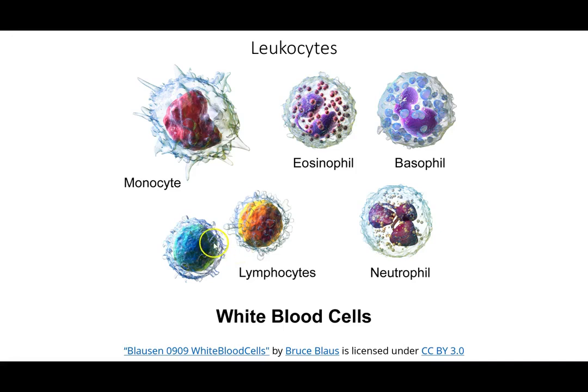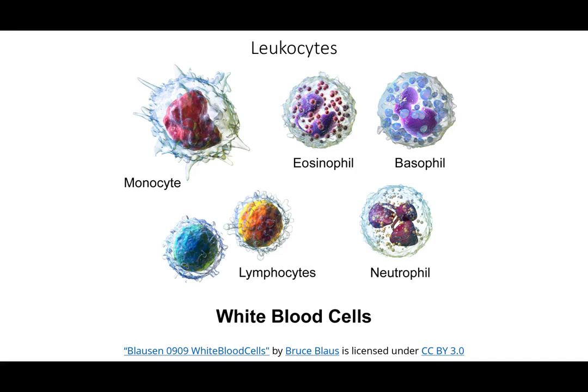They are going to have very, very large nuclei, not a ton of cytoplasm, and so these are going to be classified into B lymphocytes and T lymphocytes. Each of those have slightly different jobs within the immune system, but they're both very, very important to our immune response. We'll get into a lot more detail about those when we cover the immune system later on.